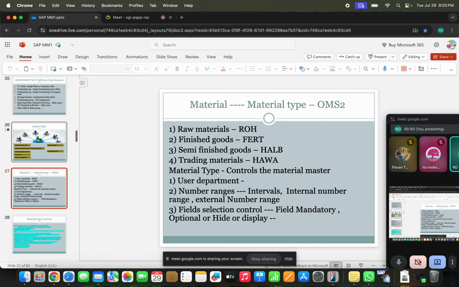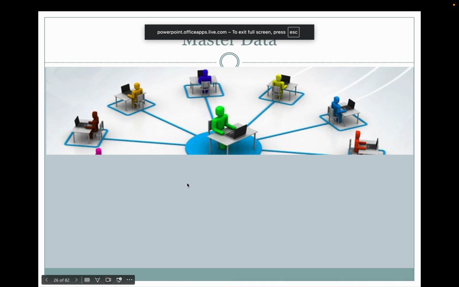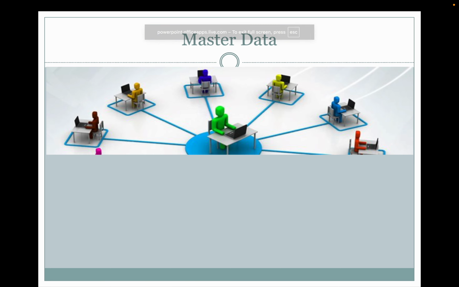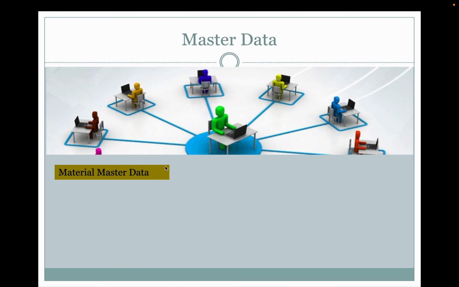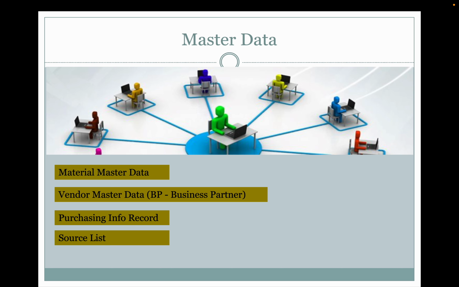If you see this screen, we already discussed the first one, material master record, the vendor master record, and the purchasing info record. So these three are completed, right? Now we're discussing the source list. If you remember, we already discussed the source list.